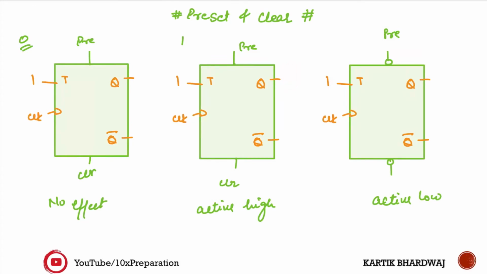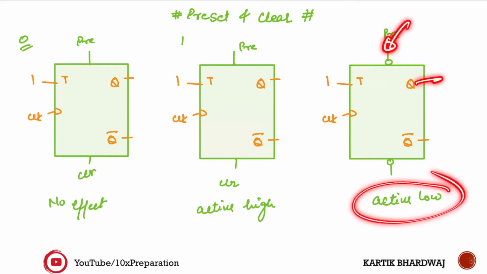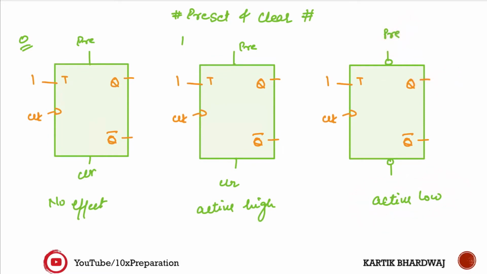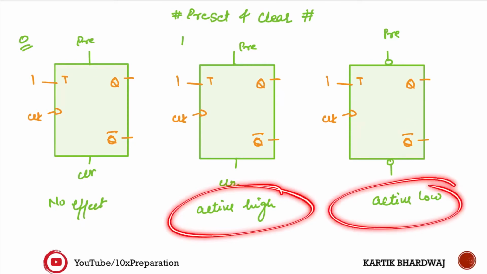This is high active. Again, in the low active case, whenever 0 comes, at that time it will put the output at 1. Depending on the need and design of the circuit, we set whether it is high active or low active.